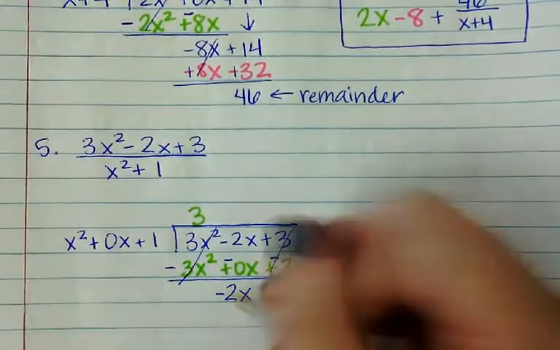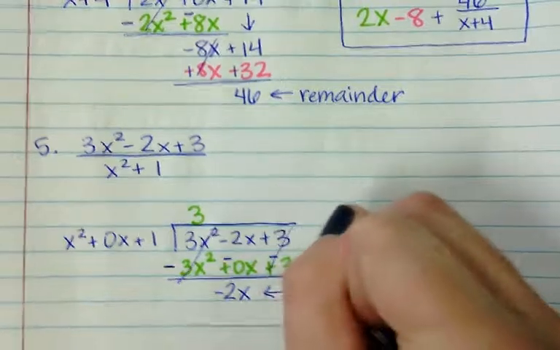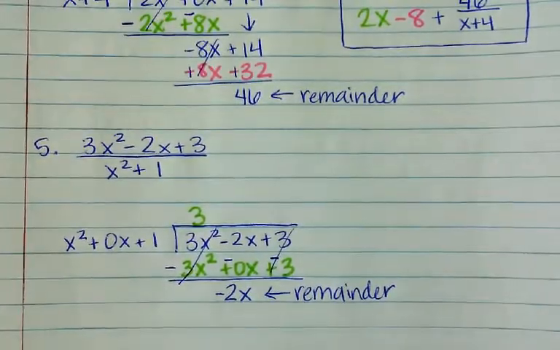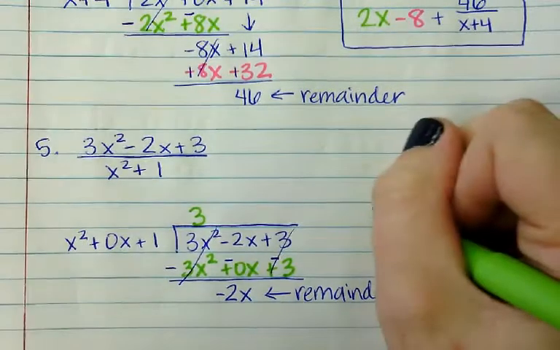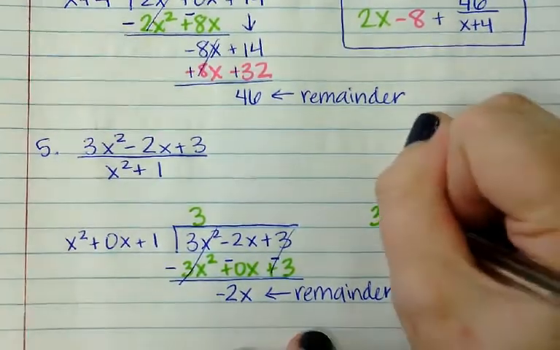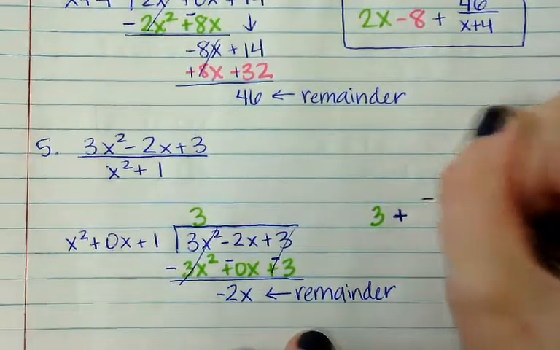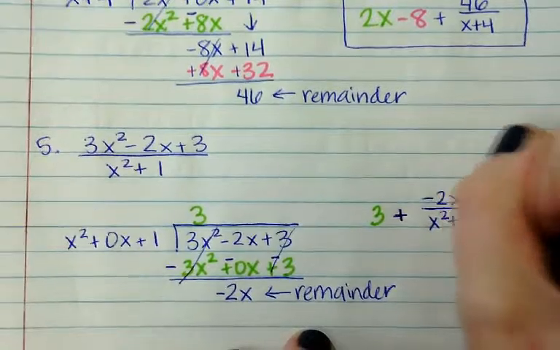So I would just write my answer as 3. Remember, you always add your remainder plus negative 2x over x squared plus 1. Okay? So you always, always, always add your remainder. Okay?